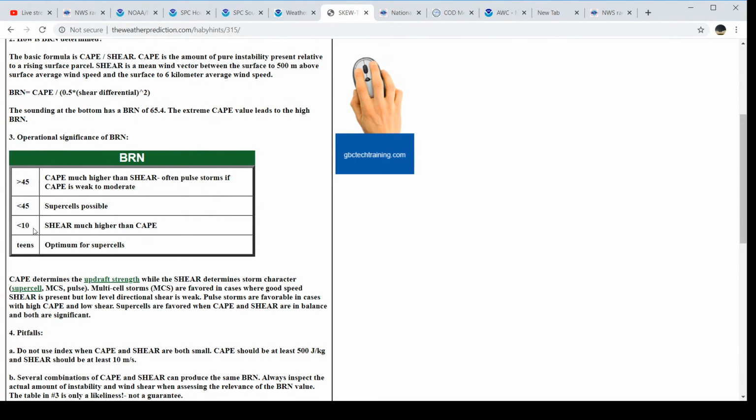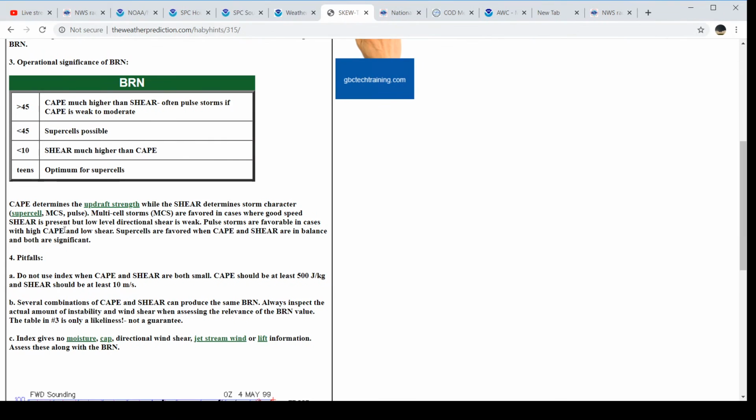Well, this is what I think it's suggesting. The shear in this environment is almost too strong for the CAPE.